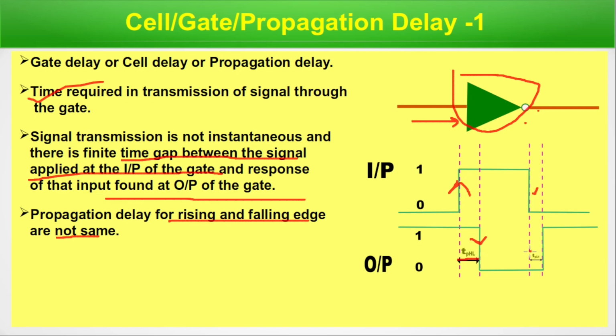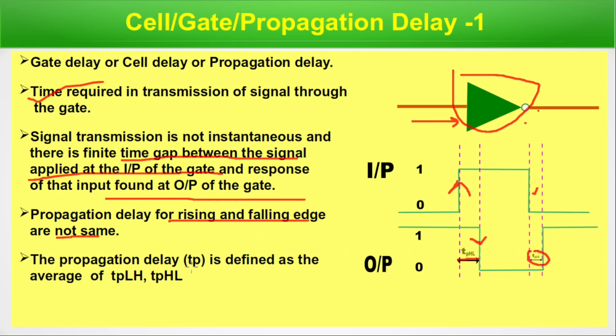In a similar manner there is TPLH, and these two are not the same. The propagation delay TP is defined as the average of TPLH and TPHL, so TP is equal to (TPLH plus TPHL) divided by 2. If that is the total waveform, the total delay is basically the summation of these two.